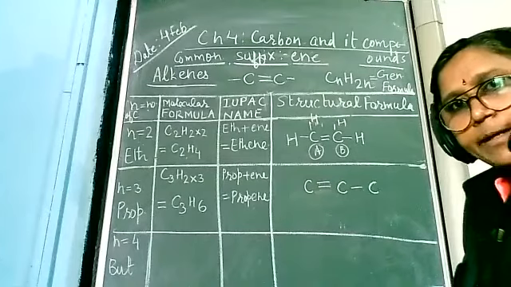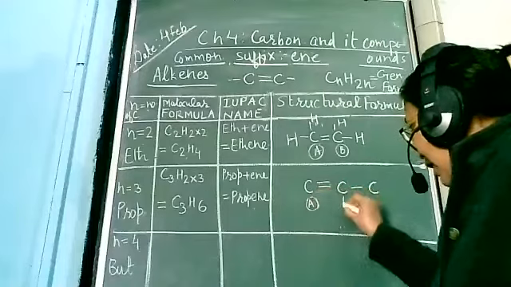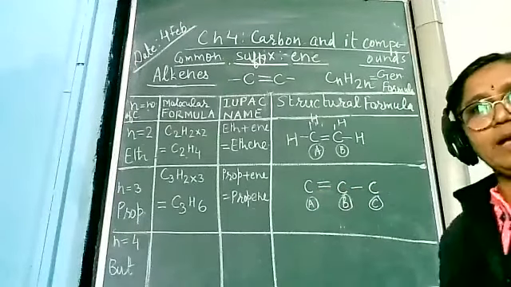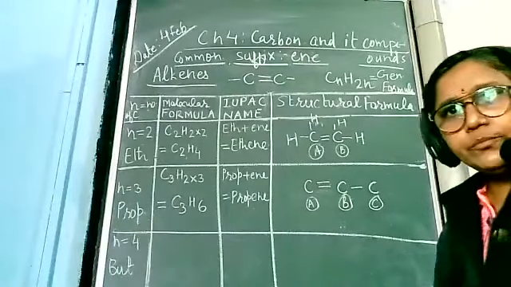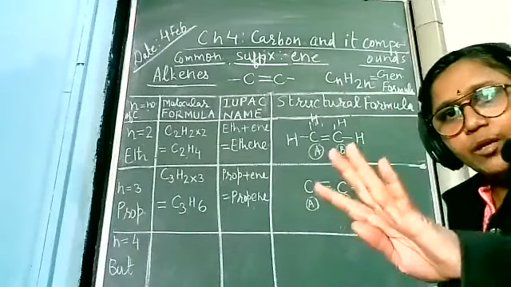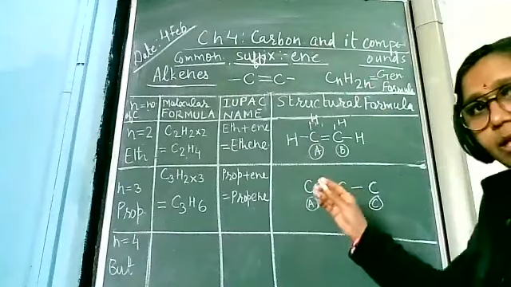Okay? Clear? Garuda, how many hydrogen atoms will be attached with a carbon atom? Count. 4, as I told you, counting of 4 you have to do. 2 it already has.